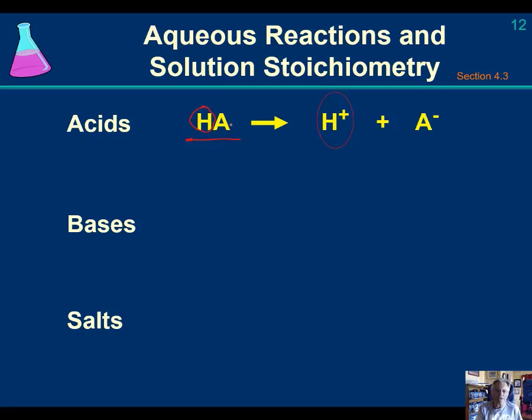And so anytime you see a molecular compound that has an H on the front end of it, that is probably going to be an acid. And when you put it in water, it donates a hydrogen ion, which is simply a proton, to water. And I'll talk a little bit later about exactly what that means and what the chemistry is of that.